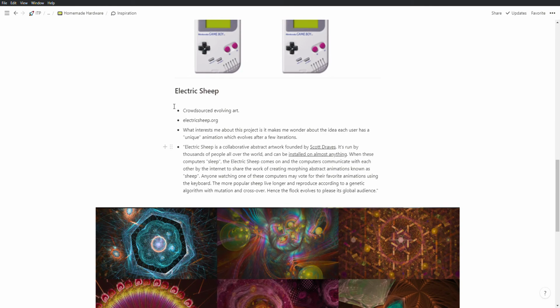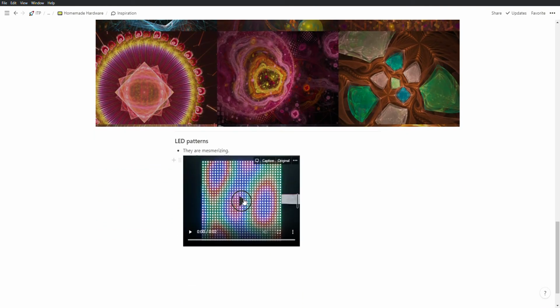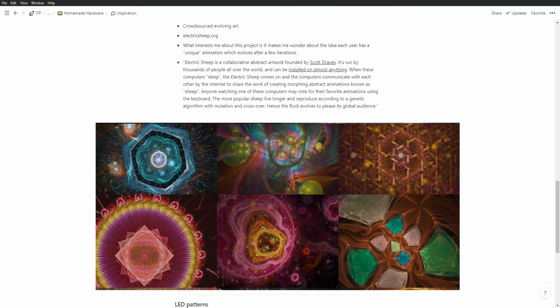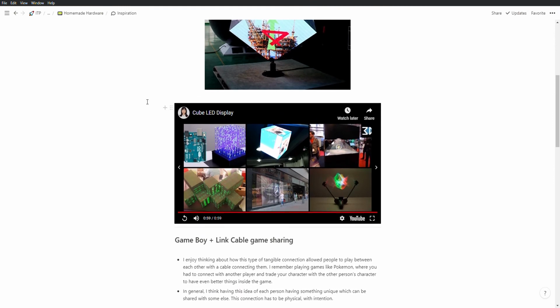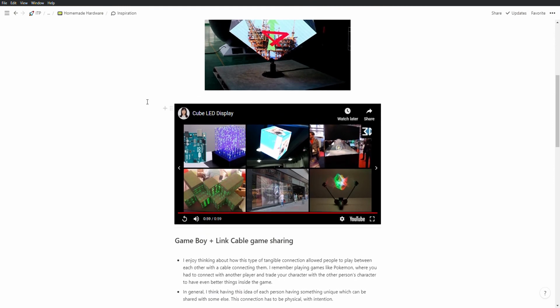That made me wonder: what if the cube starts with a visual pattern, and depending on what it senses during the day, it changes? That would mean that if you and I go out with the cube during the day, by the end of the day, we'll have a totally different visual pattern.